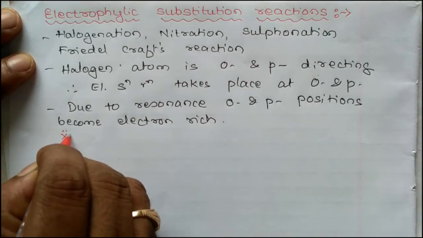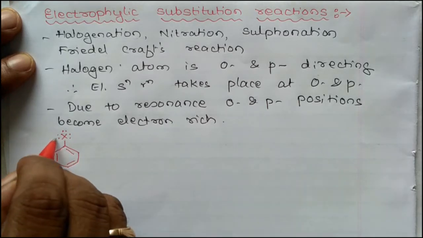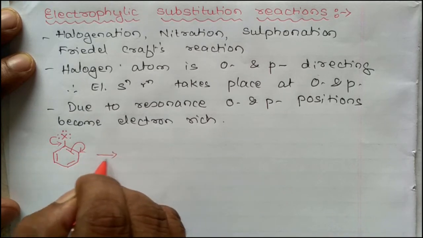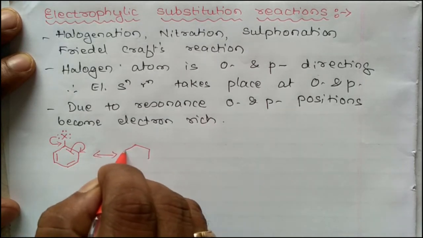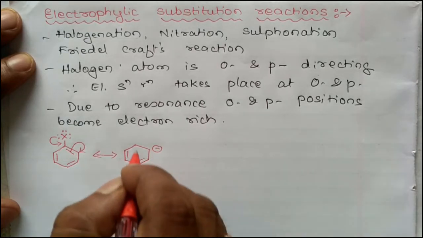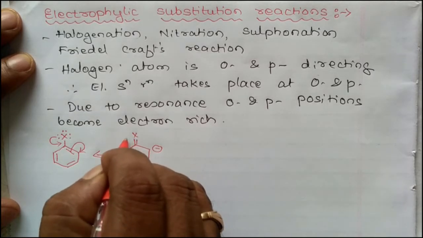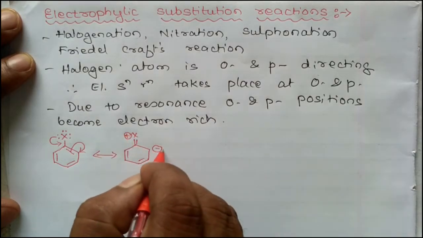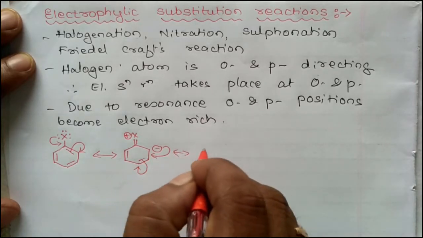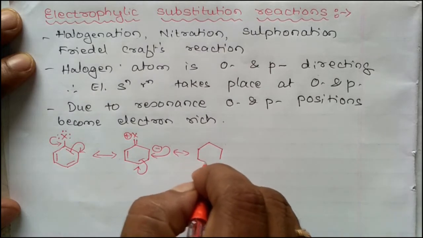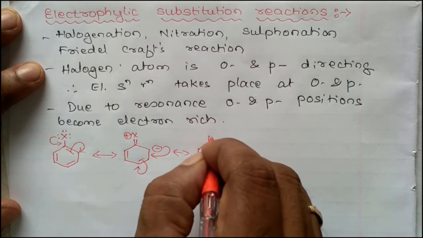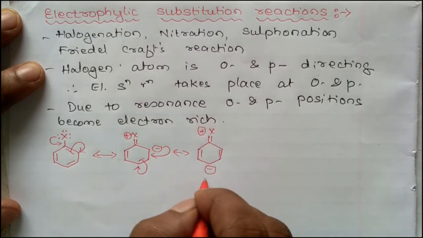Here X. First movement of electron takes place like this. Then you are going to get the second structure, negative charge here, double bond to X with positive charge. Movement of electron takes place here. You are going to get one more structure, negative charge here, double bond X plus.